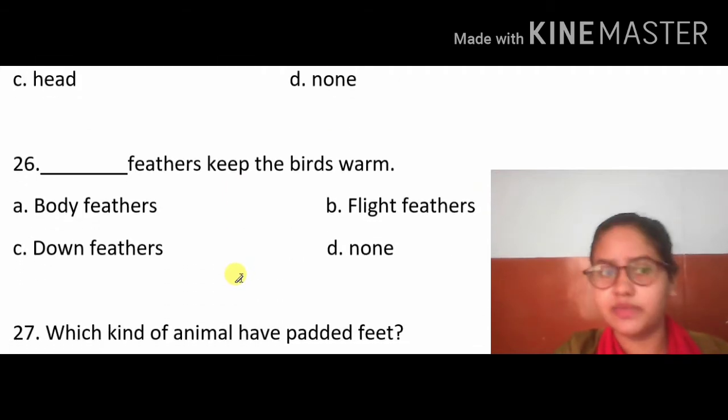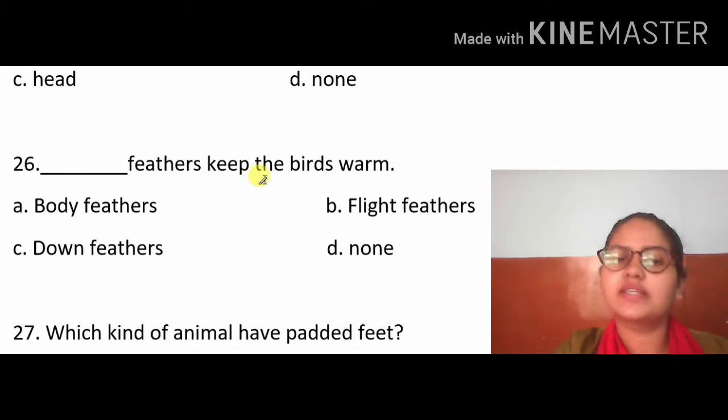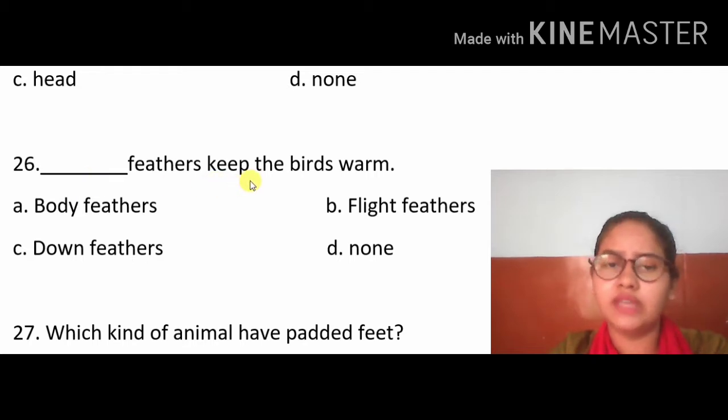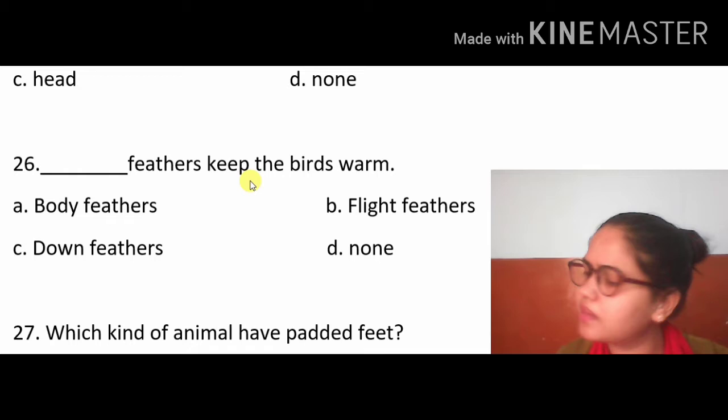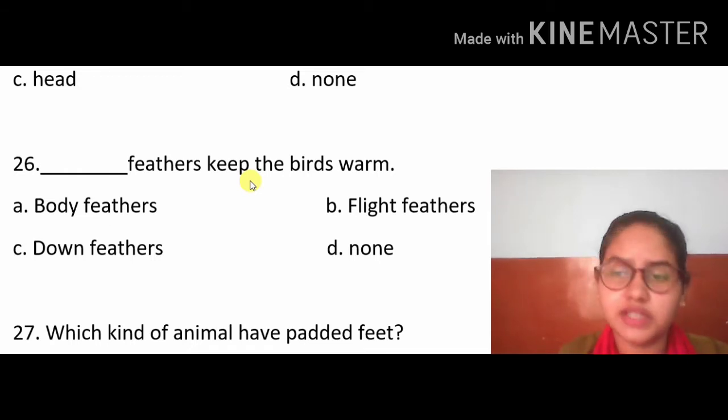Now here is the next one. Dash feathers keep birds warm. Which kind of feathers of birds keep them warm? You can open your page number 68 where the body feathers, flight feathers and down feathers are written.